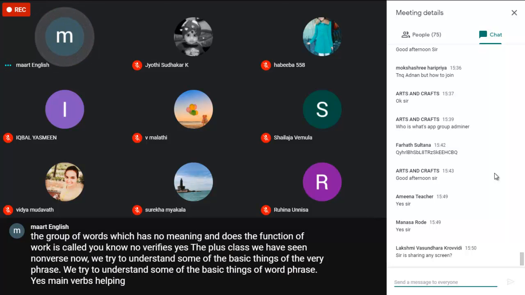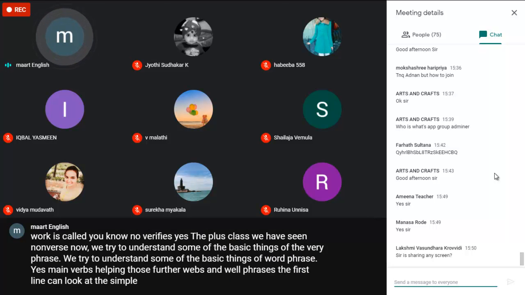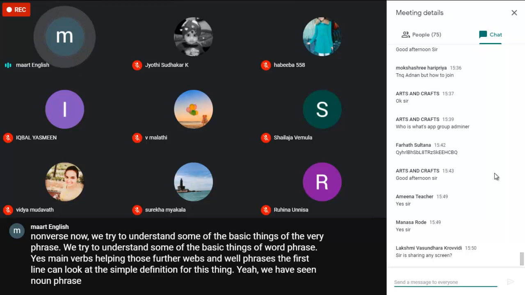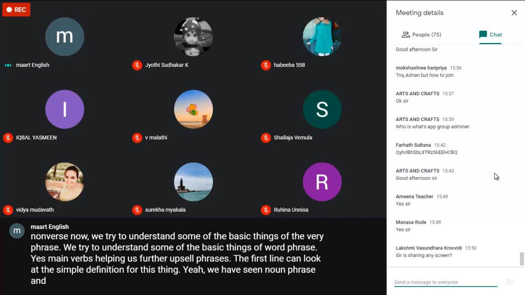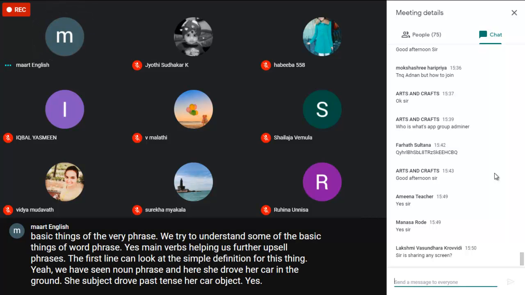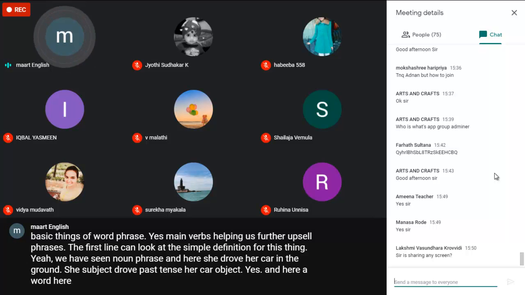In the first line, look at the simple definition. We have seen noun phrase. Here: she drove her car in the ground. She, subject; drove, past tense; her car, object. If you look at the sentence, what do you understand?